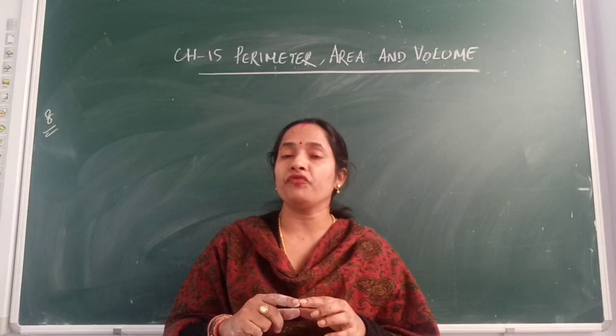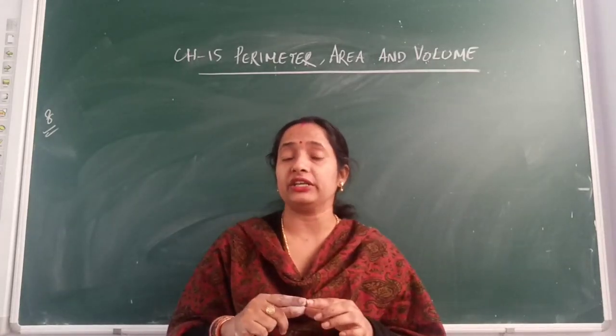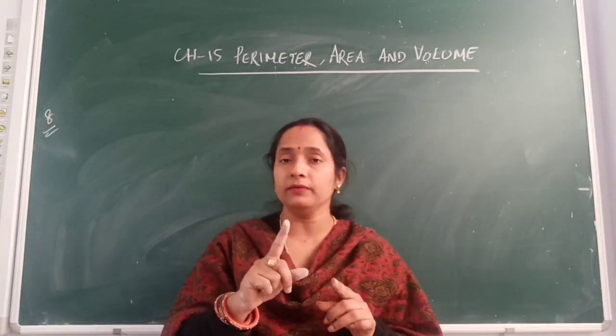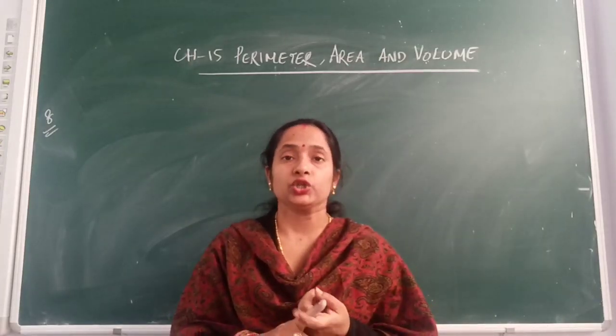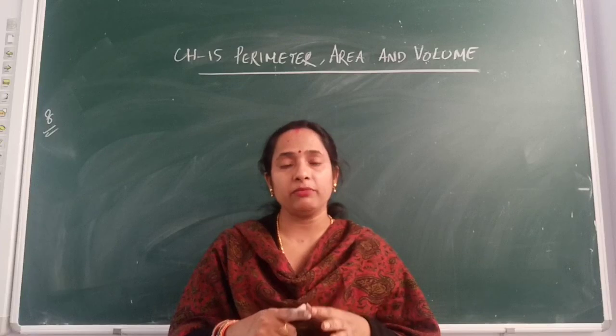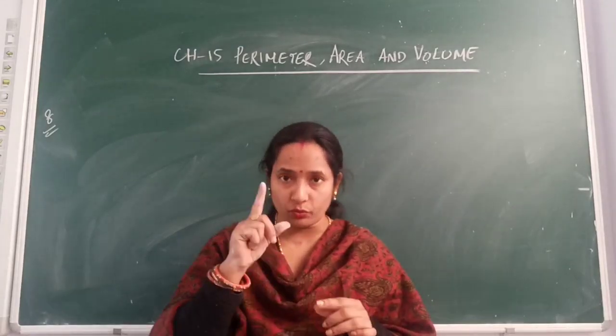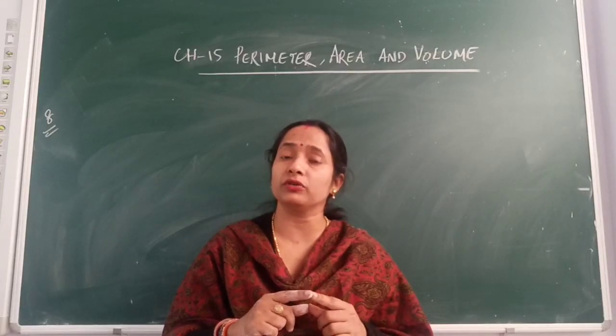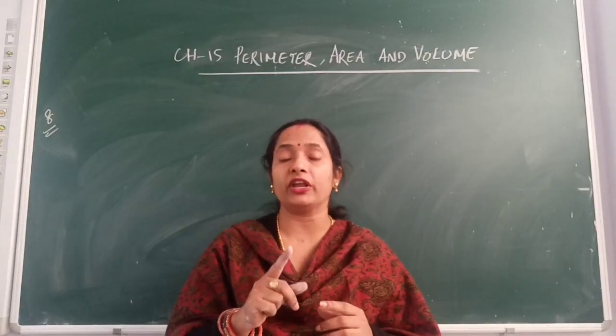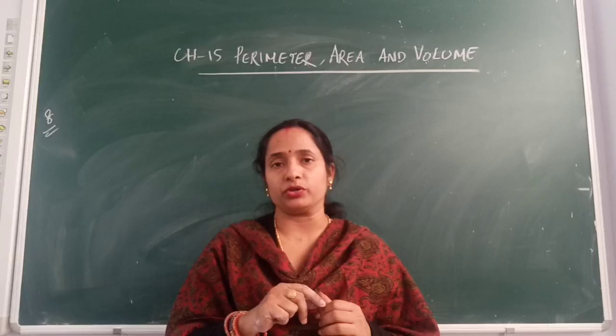So if you want to find the length of the wooden trim used in one display board, then you have to find its perimeter first. Then total how many display boards does the school have? It has around 45 display boards.